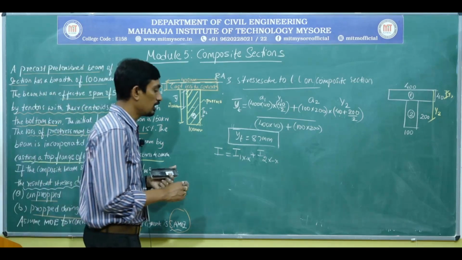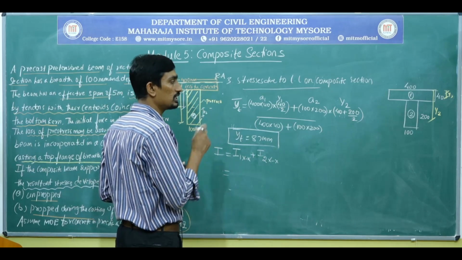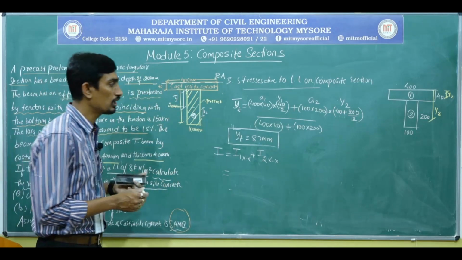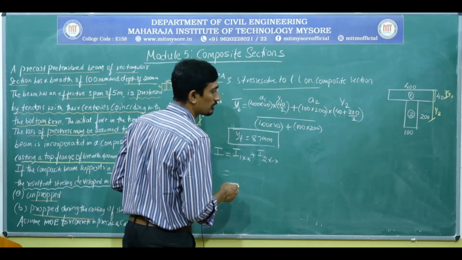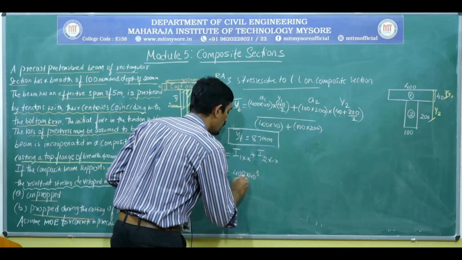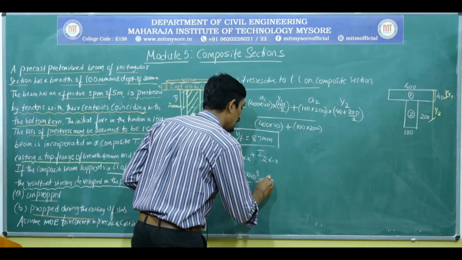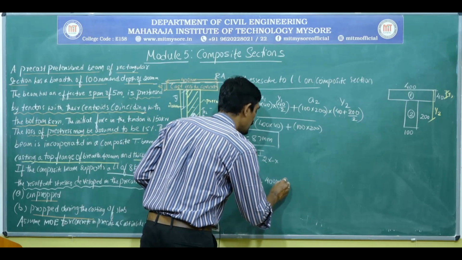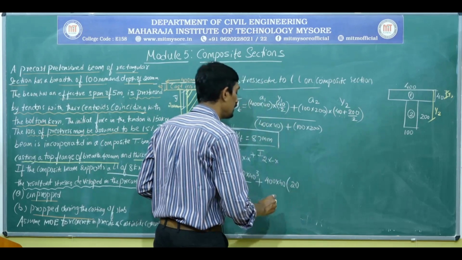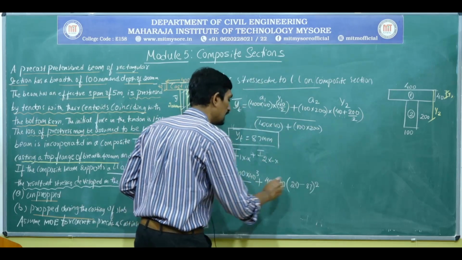Now let me write down. How to calculate the moment of inertia? Since it is a composite section, we are going to use the formula which was discussed in module number 1 also. The first section is a rectangular section, so BD cube by 12 plus area 1, 400 into 40, multiplied by Y1, 20 minus Y bar, whole square. So this is your I1 XX.